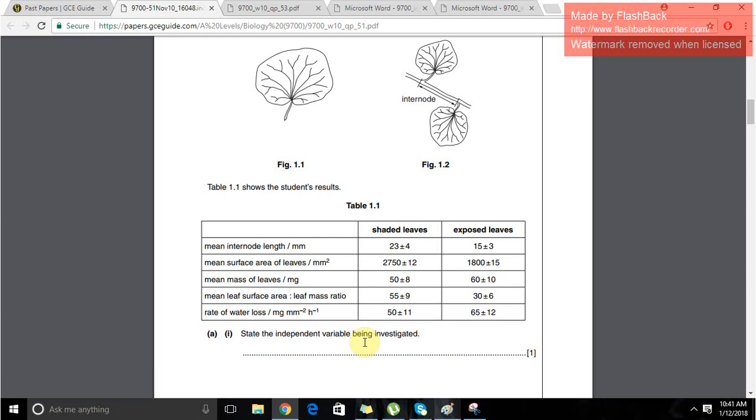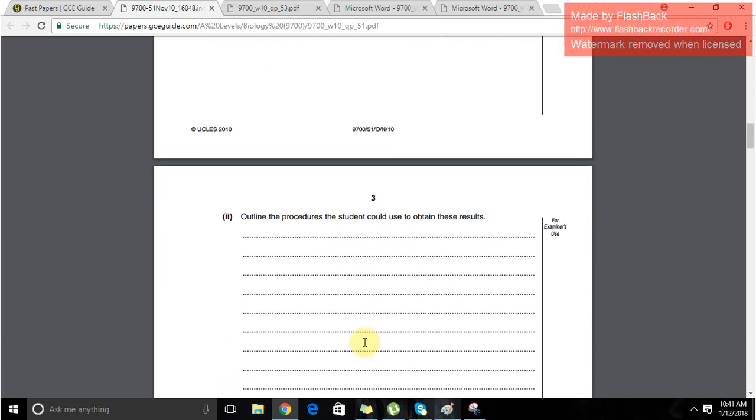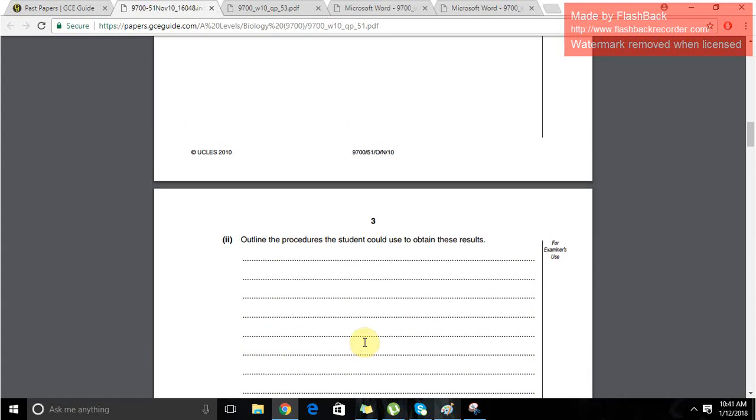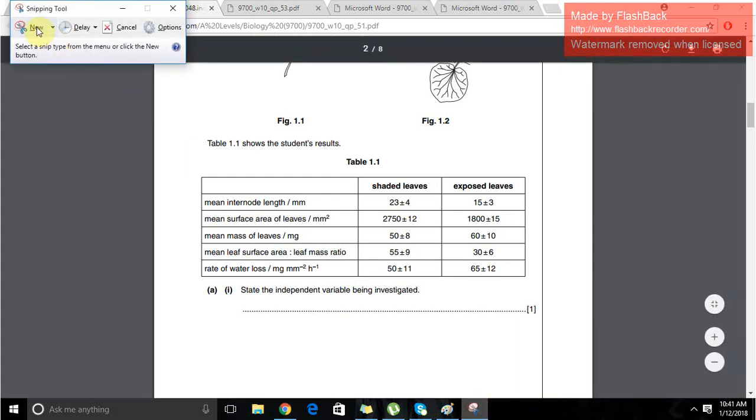So the type of leaf you may write. And outline the procedures the student could use to obtain these results. So what kind of procedure the student could potentially use to get these results that have been recorded here.